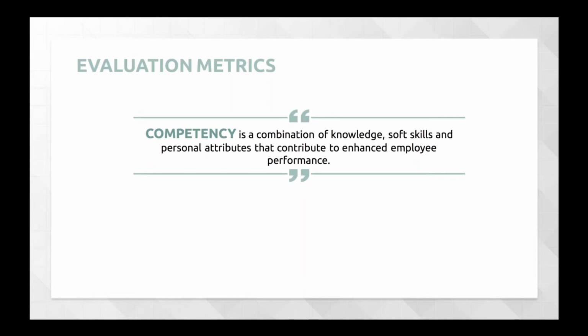So, for instance, again, if someone is a support representative in your organization, a good support representative, apart from their own skill set, is required to be very patient. They are required to possess troubleshooting skills. Such added advantages or tendencies are what we call competencies in Zoho People.